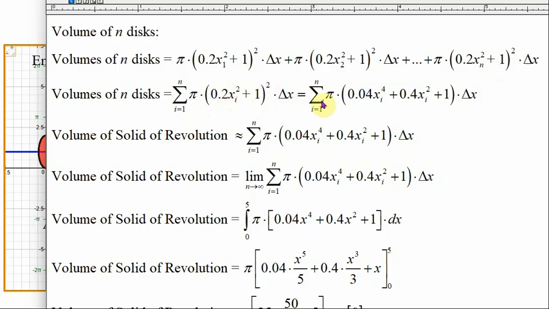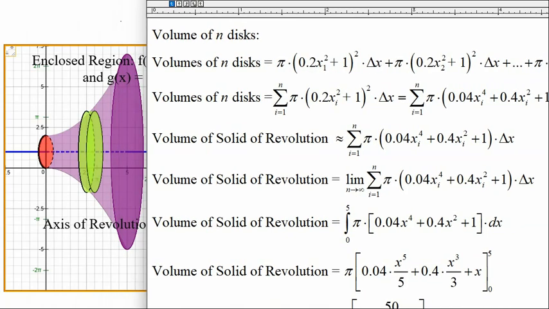Simplifying this part right here, we get 0.04 x sub i to the 4th plus 0.4 x sub i squared plus 1. And so this is the volumes of n slices, and the volume of the solid of revolution is approximately this sum right here.